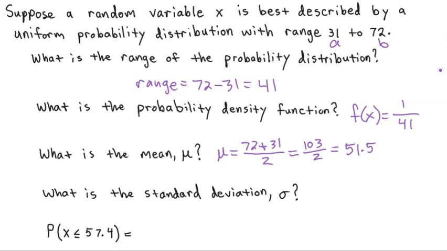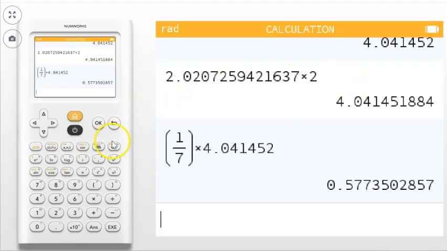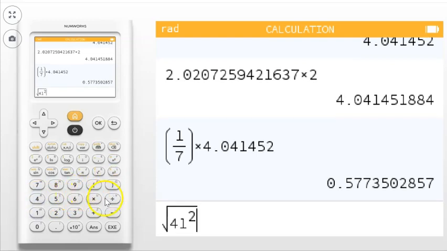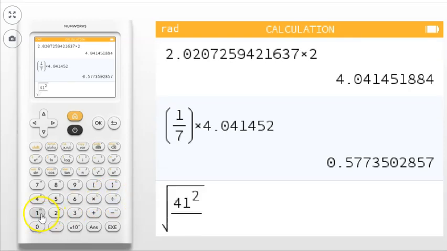What is the standard deviation of the probability density function? Well, the standard deviation is equal to the square root of the range, 41, squared over 12. Okay, so 41 squared over 12. Well, let's go over to the calculator and do this. We're going to do the square root of 41 squared, divided by 12.